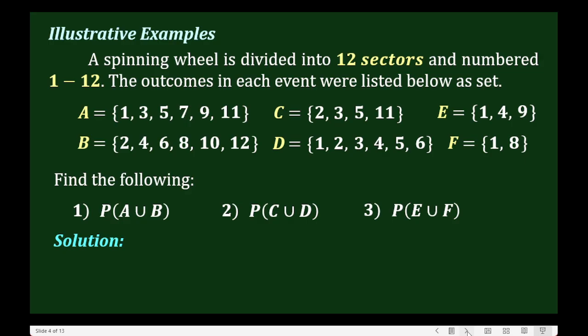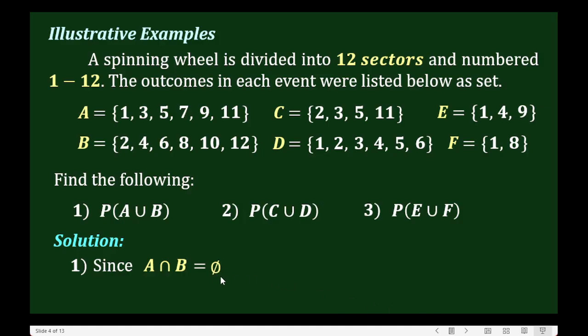For number 1, our solution will start from determining the intersection of the two given events. So A intersection B. We refer to the elements of these two events and look for elements that are common to both A and B. And since there is no common element from the two events, the result is an empty or null set, which is denoted by the symbol phi.